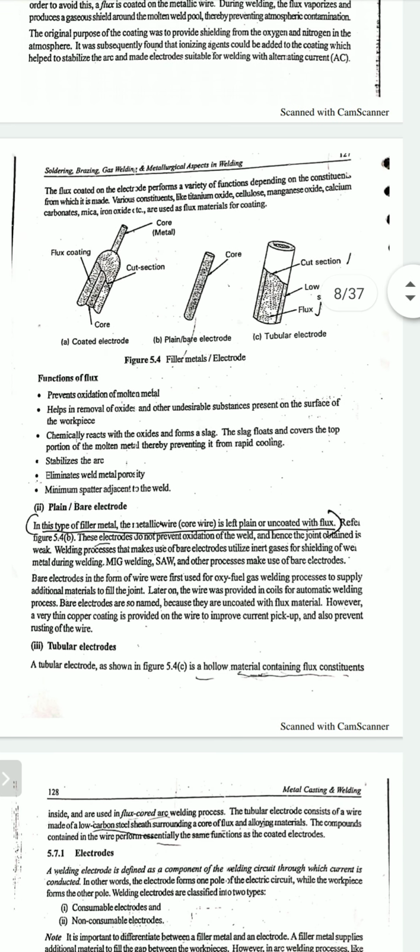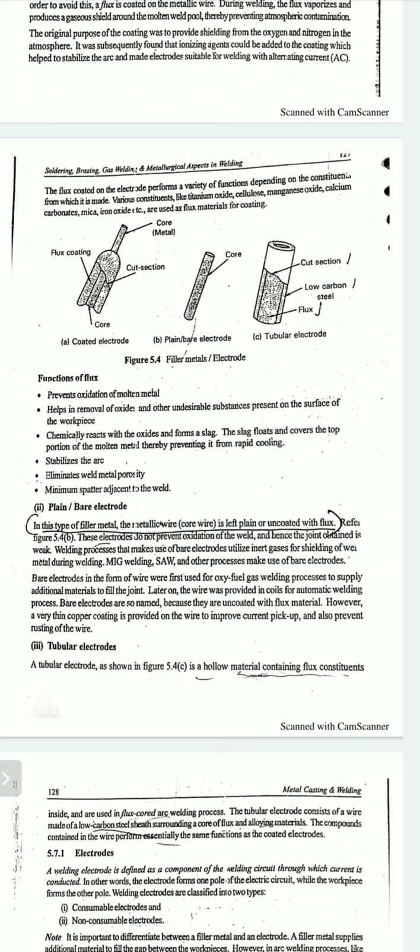You can see here this electrode is like a hollow pipe, and the core is a hollow tube in which the flux is inside, and the outside is coated. Because of this it is called a tubular electrode.